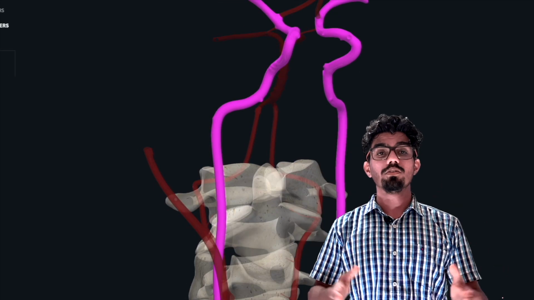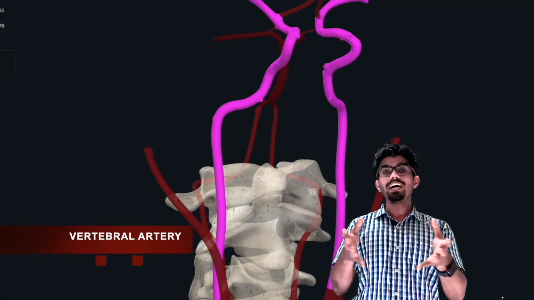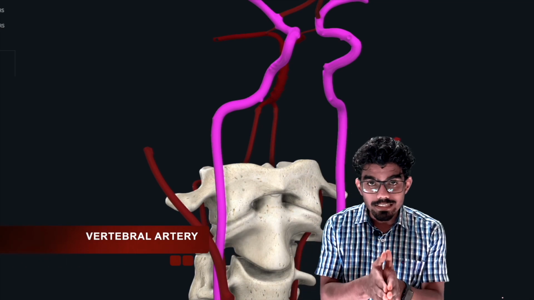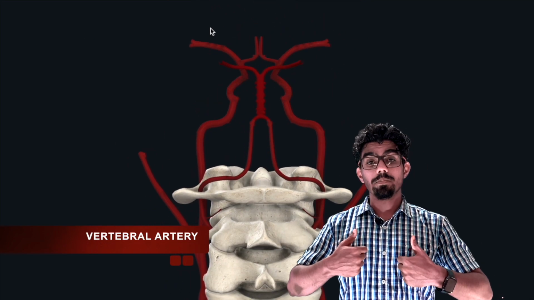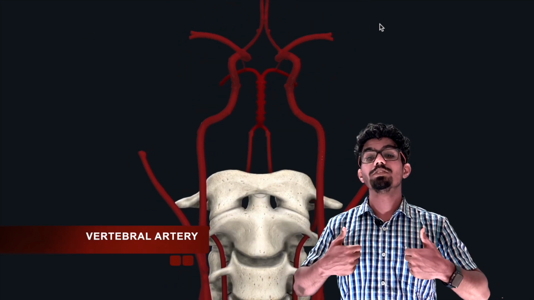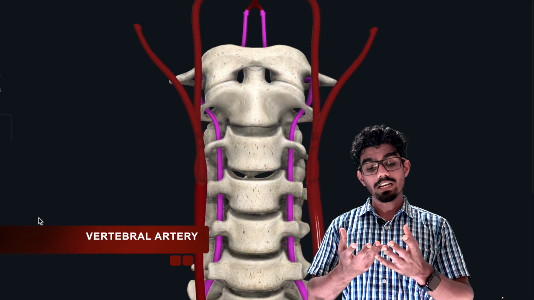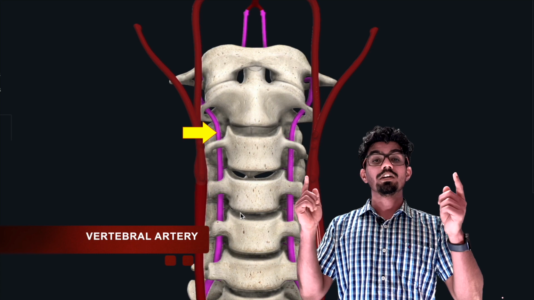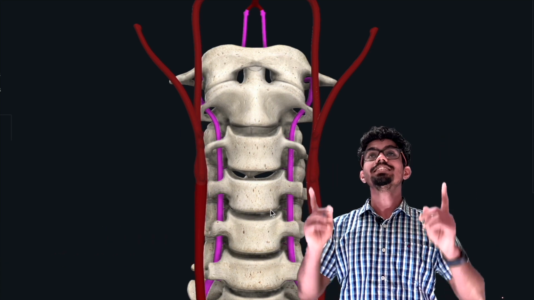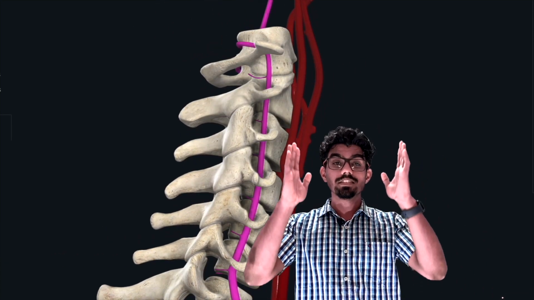Okay. Now look, I told you there's a branch of the subclavian artery called the vertebral artery. Now this vertebral artery ascends up in the transverse foramina of the cervical vertebrae. The cervical vertebra has a transverse process, and that transverse process has some openings, and within these openings the vertebral artery ascends.